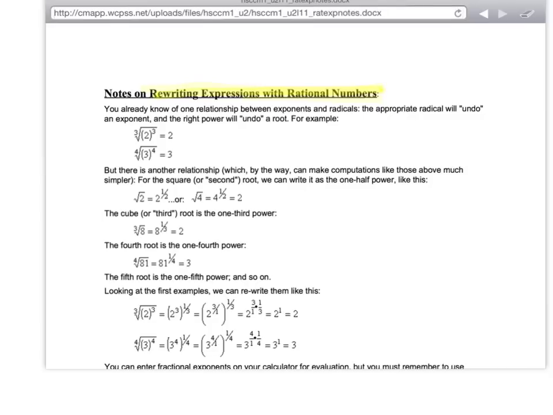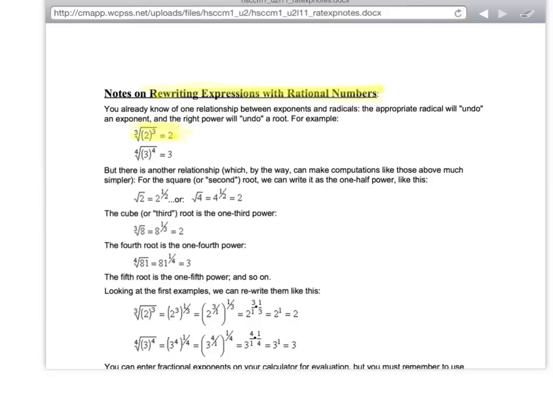You already know of one relationship between exponents and radicals. The appropriate radical will undo an exponent, and the right power will undo a root. For example, if you have 2 to the third power, what we would need to do is take the cube root of 2 to the third power to get the answer of 2.